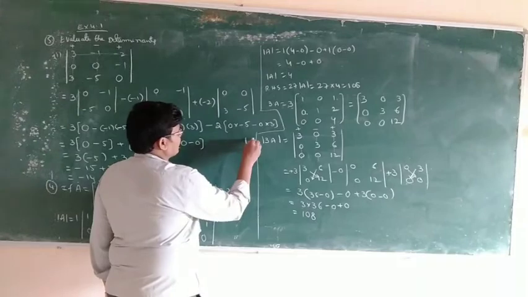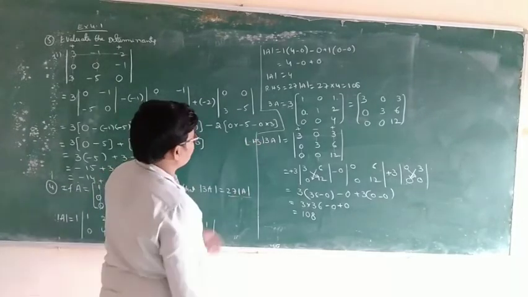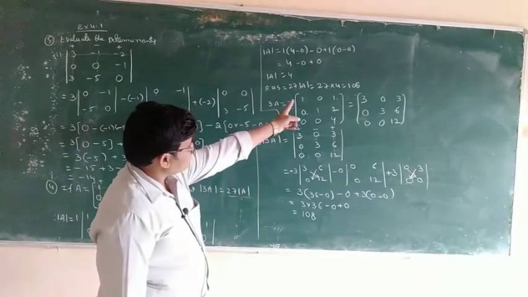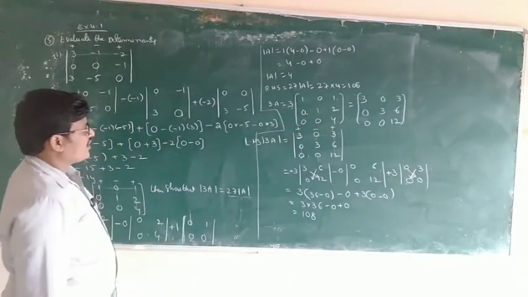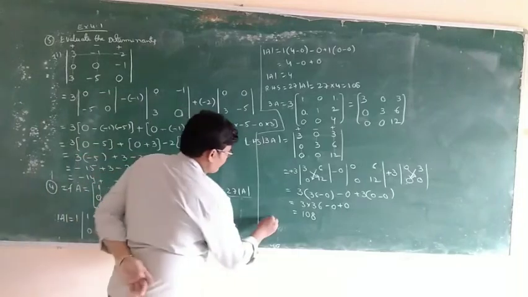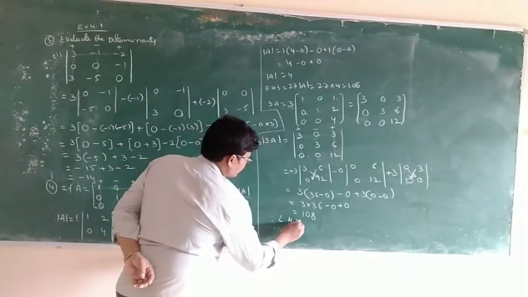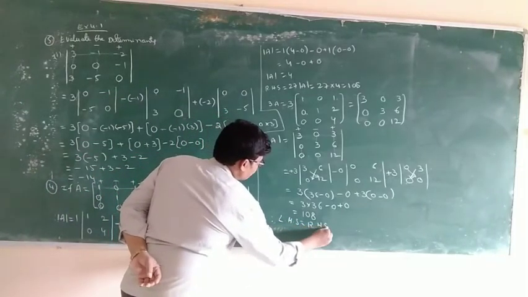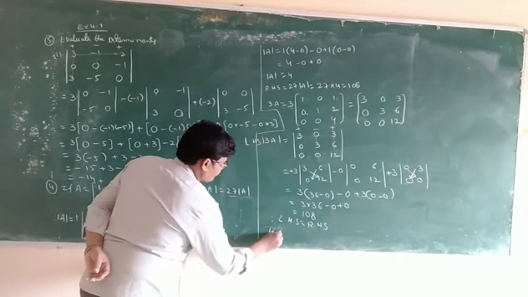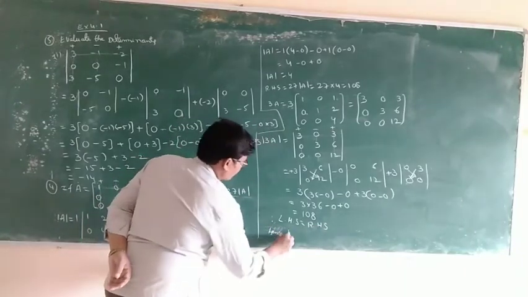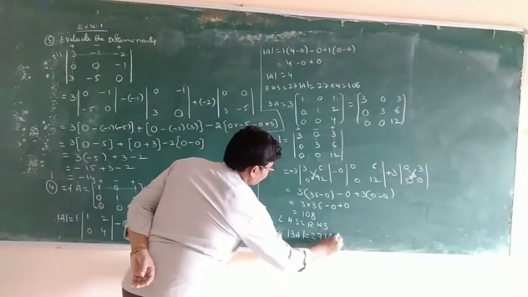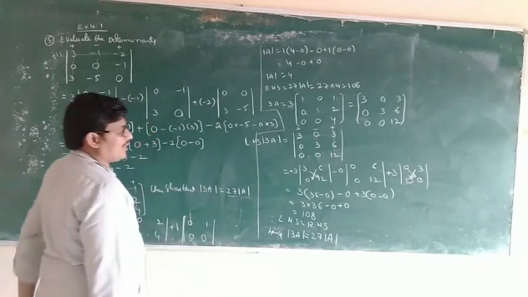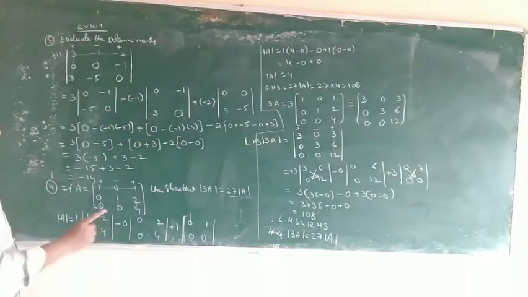This is the LHS. What is the RHS? RHS is equal to 27 into det A, which is 108, and the LHS, determinant of 3A, is also 108. Therefore LHS is equal to RHS. Hence determinant of 3A is equal to 27 into det A. This is the problem.